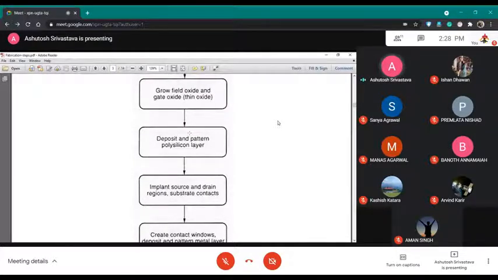So pattern is basically giving the baseline to the device architecture by continuously doing three things: deposition, then you expose the region that you want to either get dissolved or to retain by using different types of photoresist.